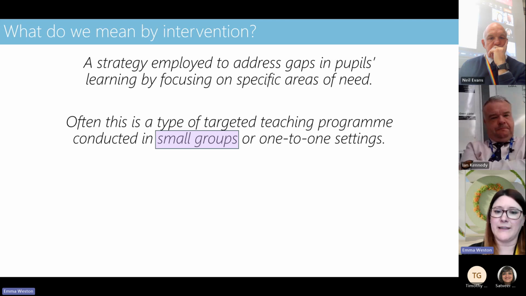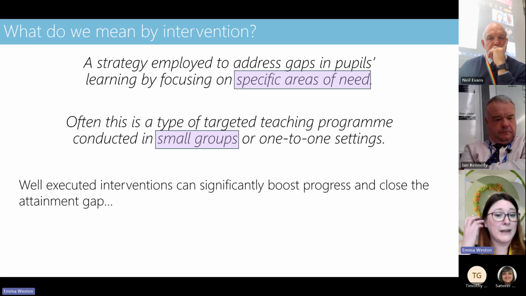So some of the key things there are it's working in small groups often, and that it's specific areas of need. The more targeted we can be, the better to make sure that we're genuinely addressing areas of need. Well executed interventions can significantly boost progress and close the attainment gap.